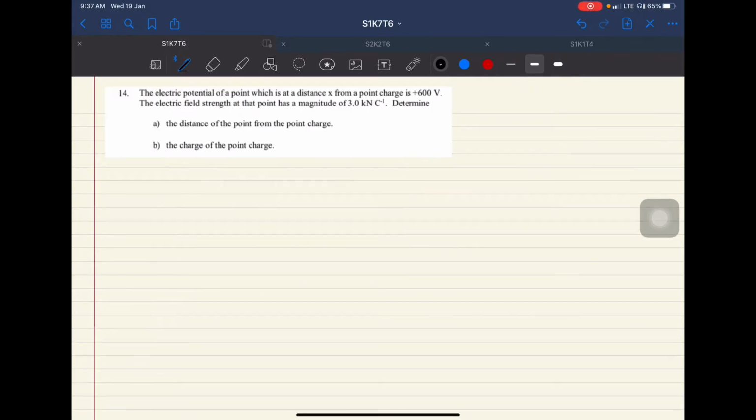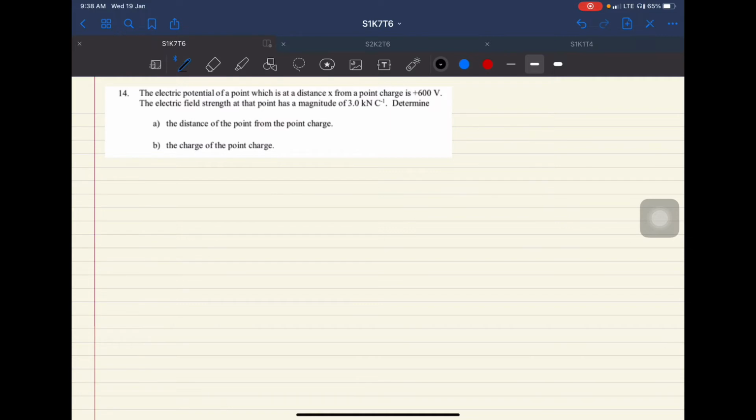For question 14, it says that the electric potential of a point, which is at a distance x from a point charge, is 600 volt. The electric field strength at that point has a magnitude of 3 times 10 to the power of 3 Newton per coulomb. Determine the distance of the point from the point charge.